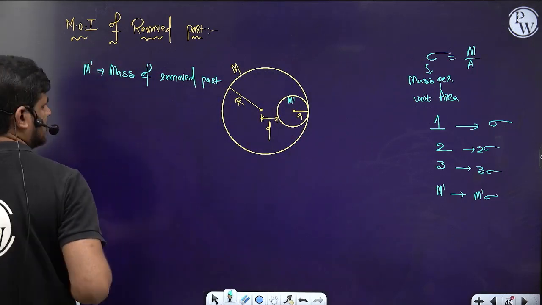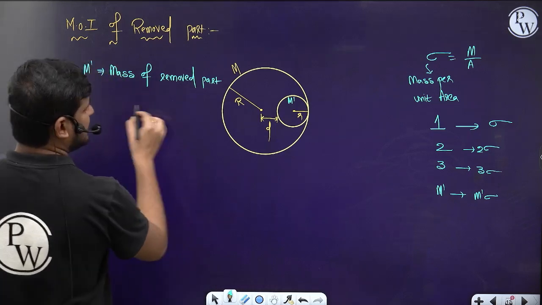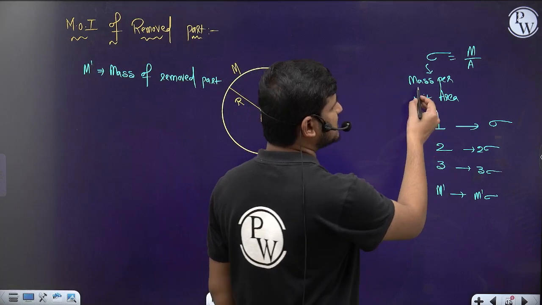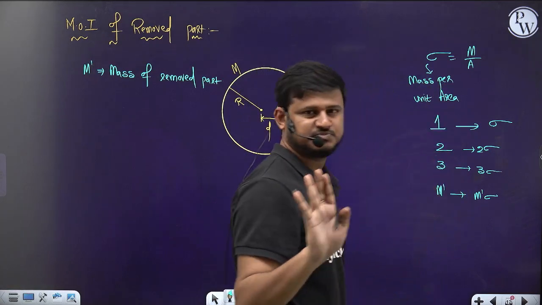Sorry, guys. So the mass of the remaining portion is M dash, right? Sigma is the mass per unit area.